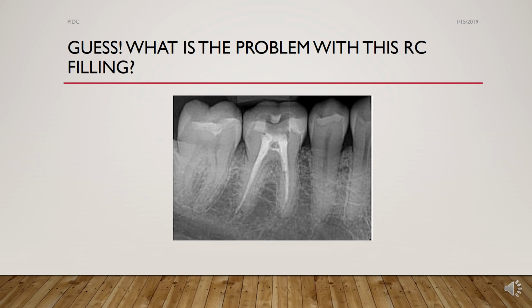While doing cleaning and shaping, there are chances that you may push the debris beyond the apex, leading to pain and failure, or else the irrigants may go beyond the apex because we don't have a definite apical stop, leading to the irrigants and debris going beyond the apex, the patient coming back with flare up or severe pain, and the treatment also may eventually fail.